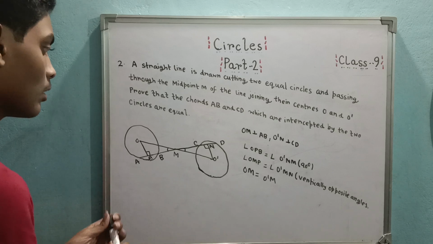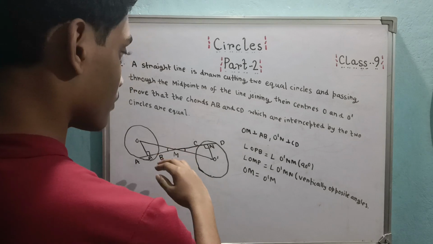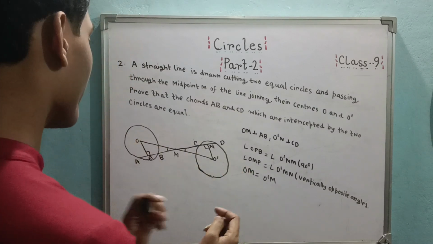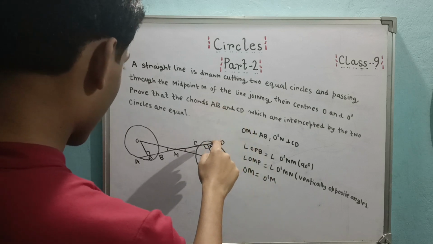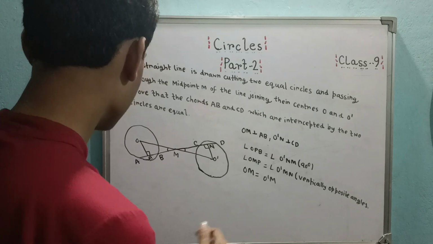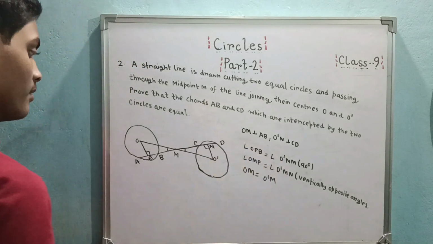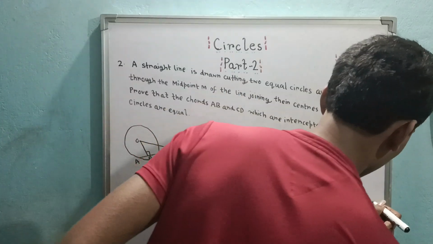So we have proved two angles are equal. One, these two right angles, and then these vertically opposite angles OMP and O dash MN, as you can see, they are equal.